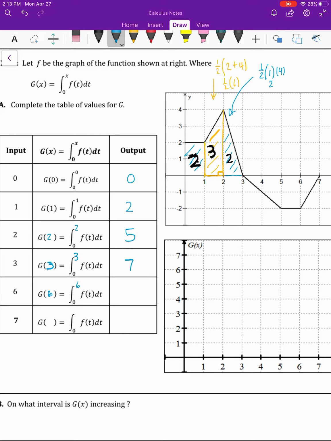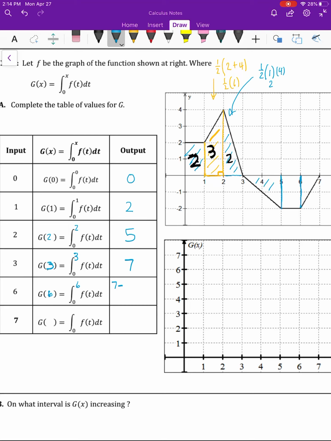If your area is under the curve, because look, from 3 to 6 is all under the x-axis. We have to count that as negative when we are calculating our integral. So we know that this is going to be 7 and then minus whatever that area is from 3 to 6, okay? And so we can break it up like this.